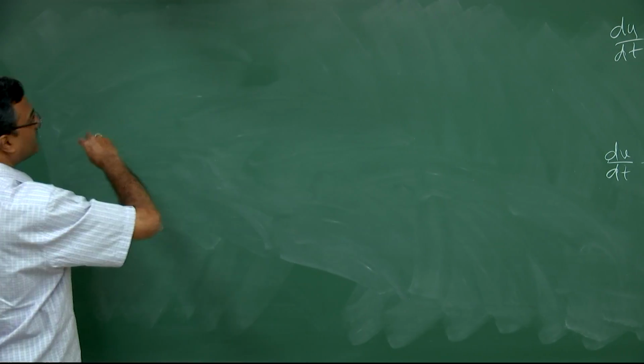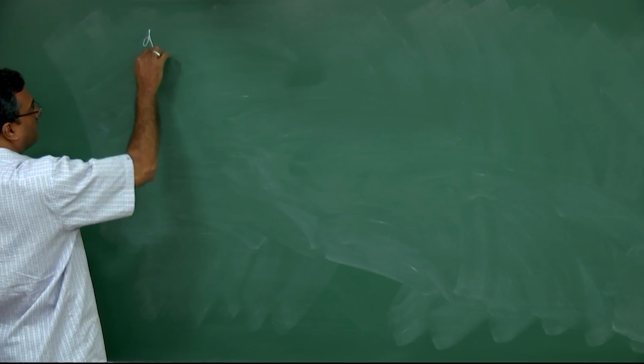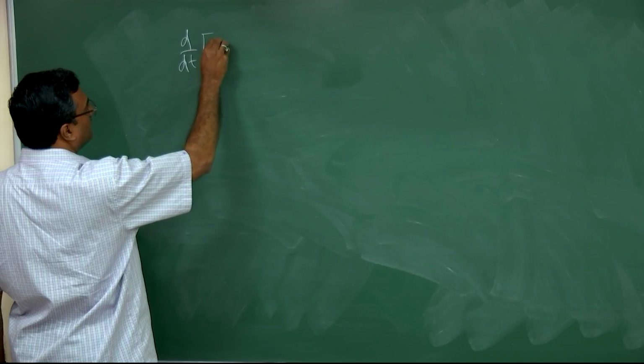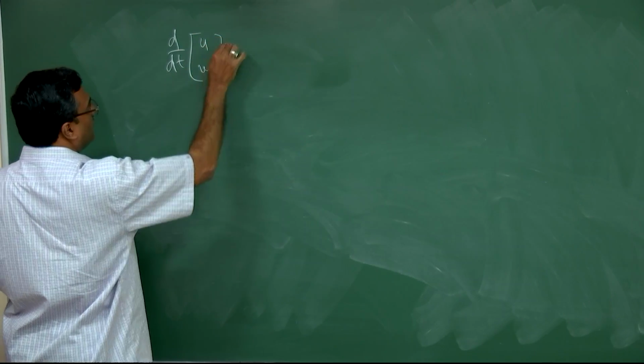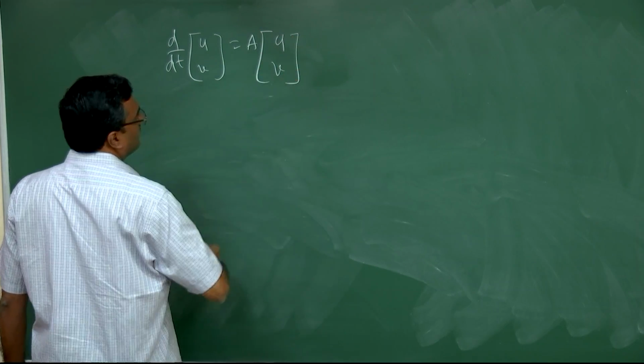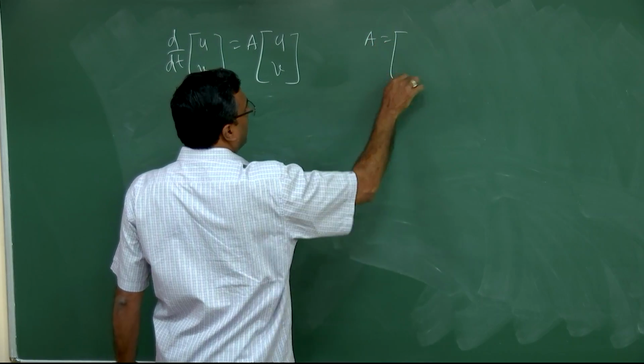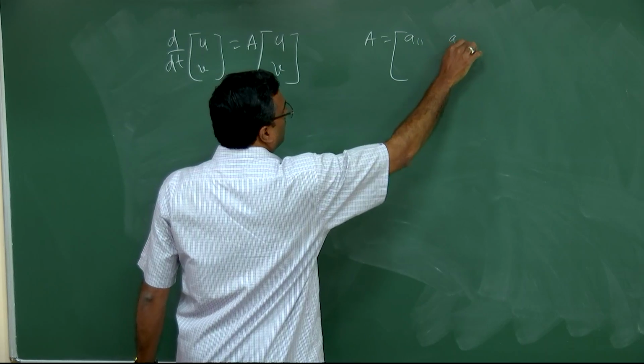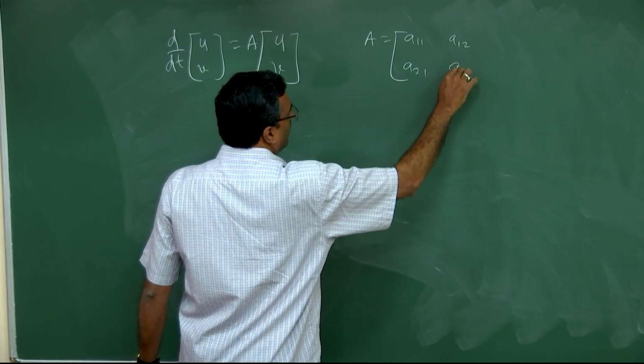Now for this system we can put it into compact matrix notation, that is d/dt of (u, v) equal to capital A multiplied with the column vector (u, v), where A is the matrix a11, a12, a21, a22.